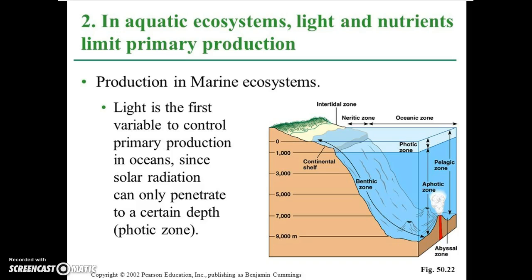In comparison, terrestrial ecosystems have their primary production regulated more by temperature and availability of water, moisture, precipitation. And the more water that there is, the more moisture there is in the environment, the more primary production you're going to see. So that's why around the equator you saw the higher levels of net primary production occurring.